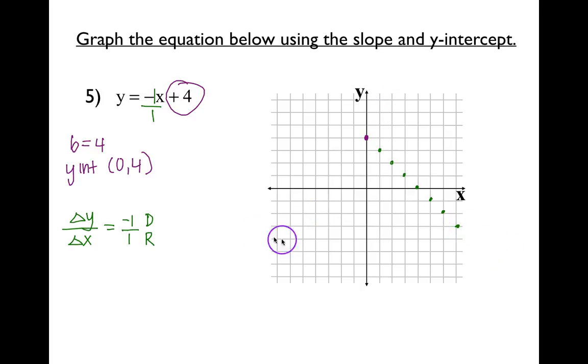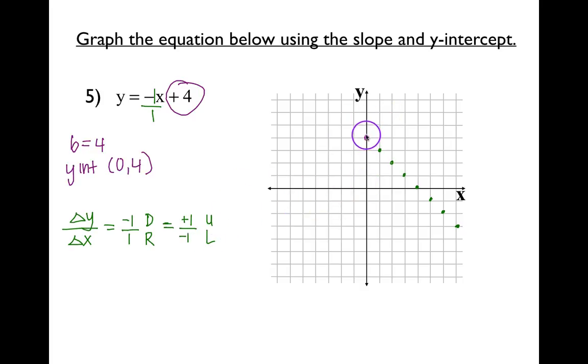Now that I've run out of space, I'm going to do the opposite. So instead of doing -1, I'm going to do +1, and instead of a +1, I'm going to do a -1. So for the y-axis, if it's positive, that's going to go up. Here, since it's a negative horizontal change, it's going to go to the left.